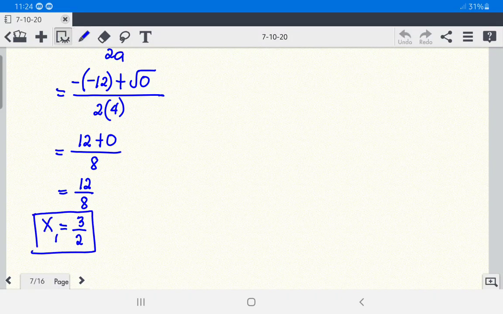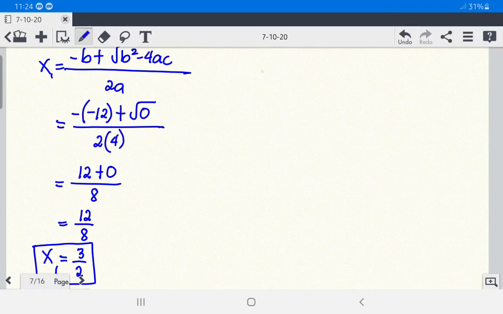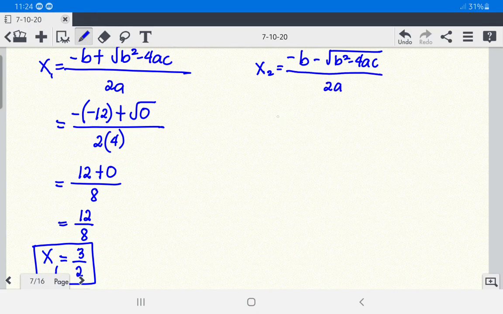Now for the second root, we have x2 is equal to negative b minus the square root of b squared minus 4ac over 2a. Then we have negative of negative 12 minus the square root of 0, the discriminant is 0, over 2 times 4.